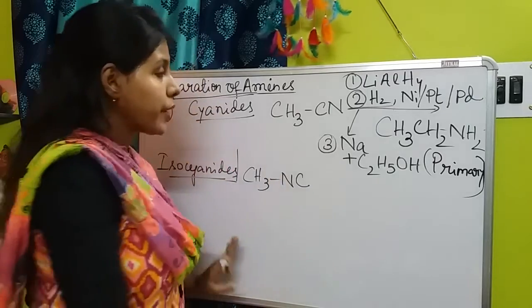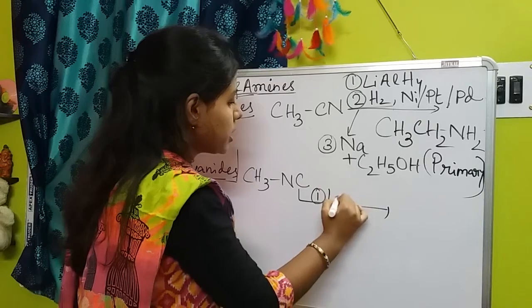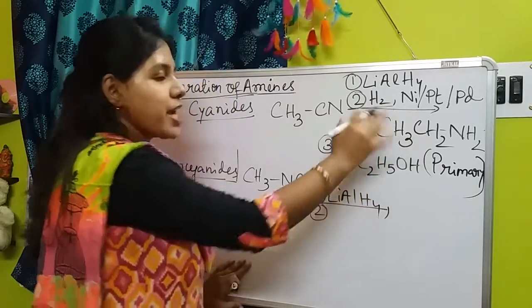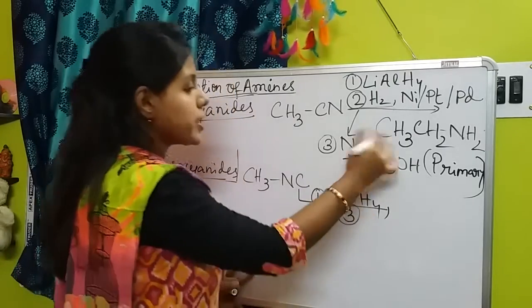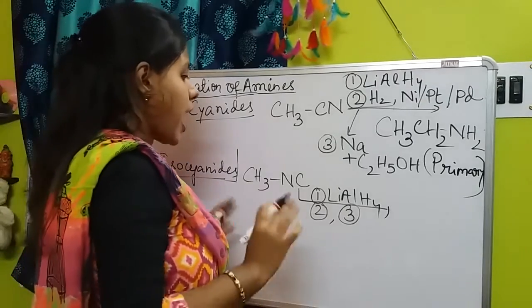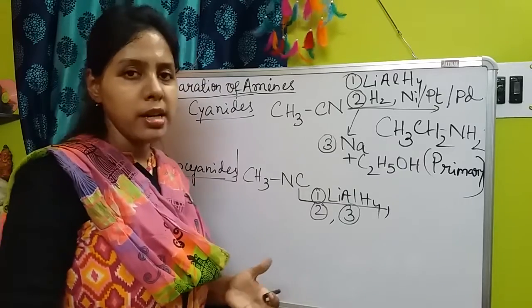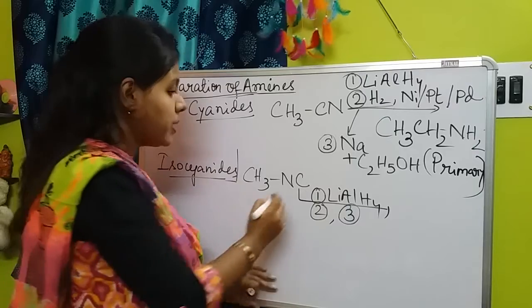The same type of reagents we have to use here, that is lithium aluminium hydride, or number 2 hydrogen in presence of any type of metal, or number 3 sodium in presence of ethanol. After reduction there will again be the addition of hydrogen, but in a slightly different way. So what will be formed here?